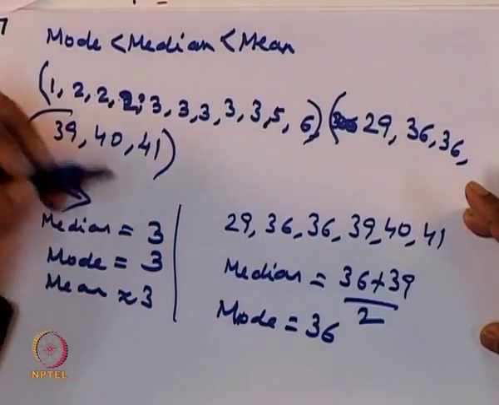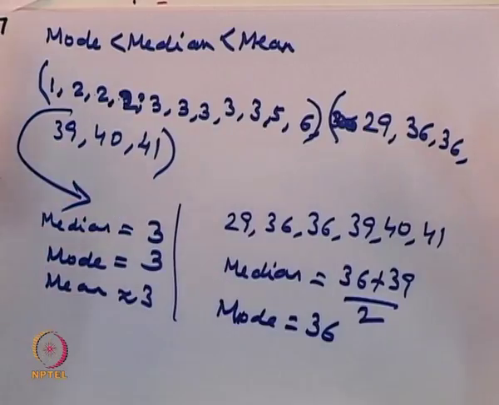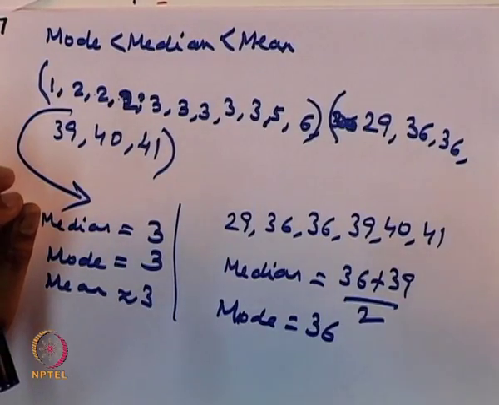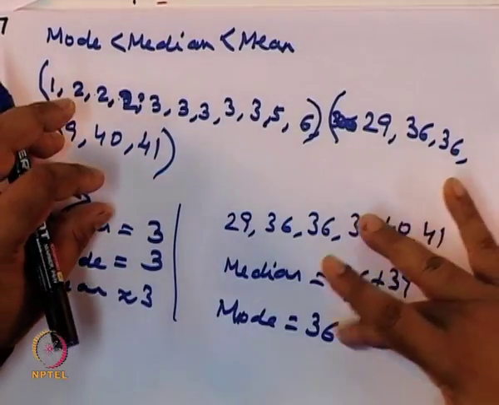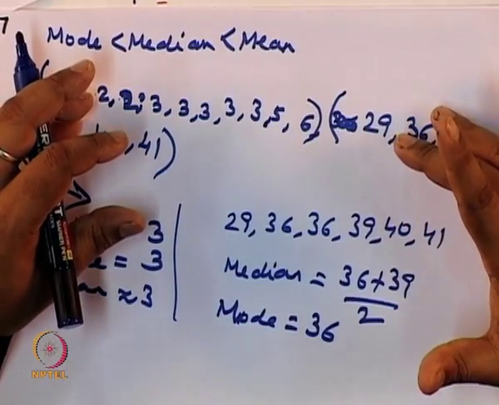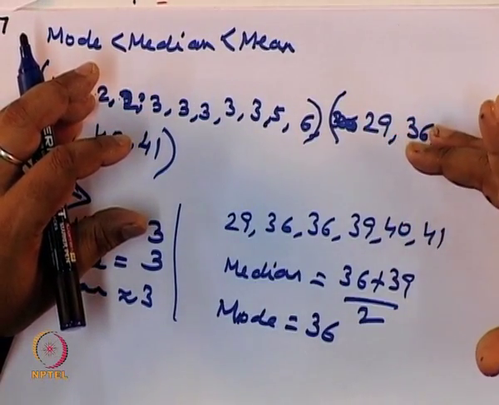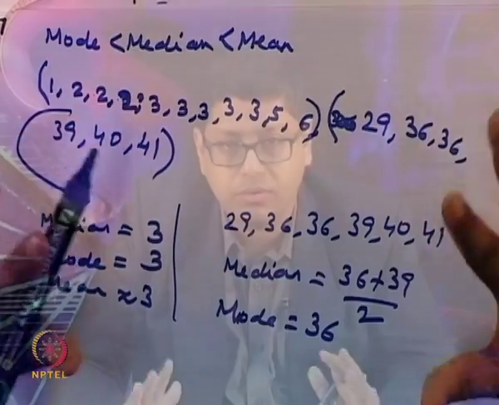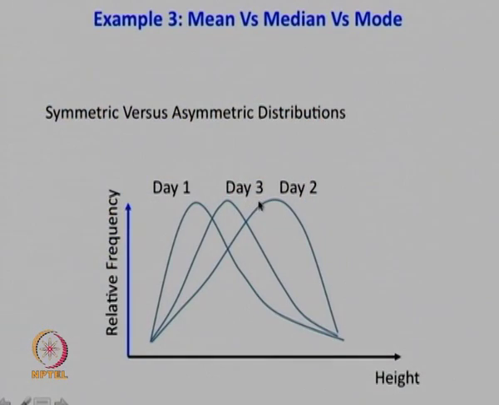So, what you see here is that from the previous case where it seemed that there were only 3 outliers, in this particular case there are clearly 2 different sets. So, it begs the question of what would be the best way of quantifying this kind of data. Let us take this example of a symmetric versus an asymmetric distribution.